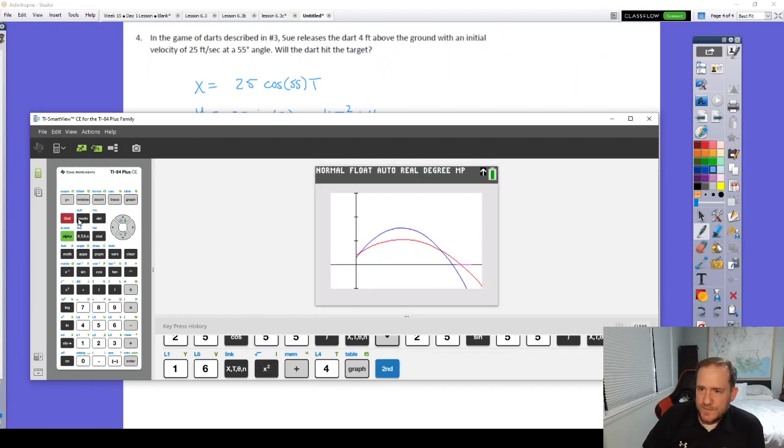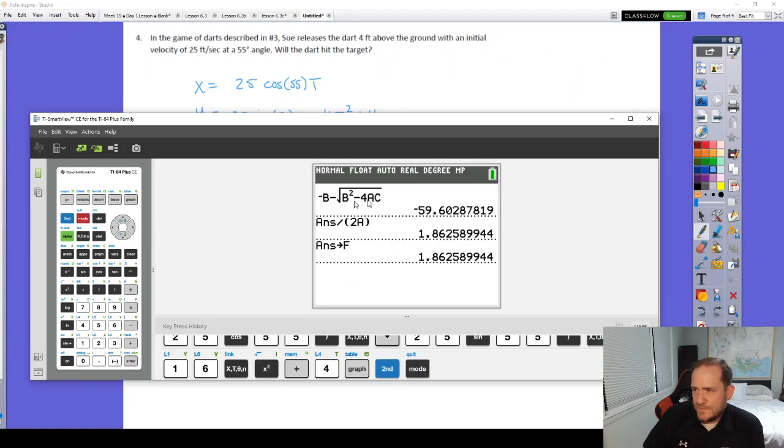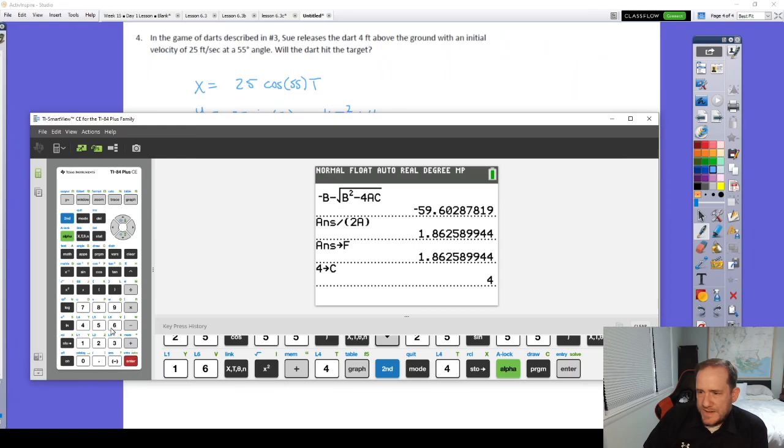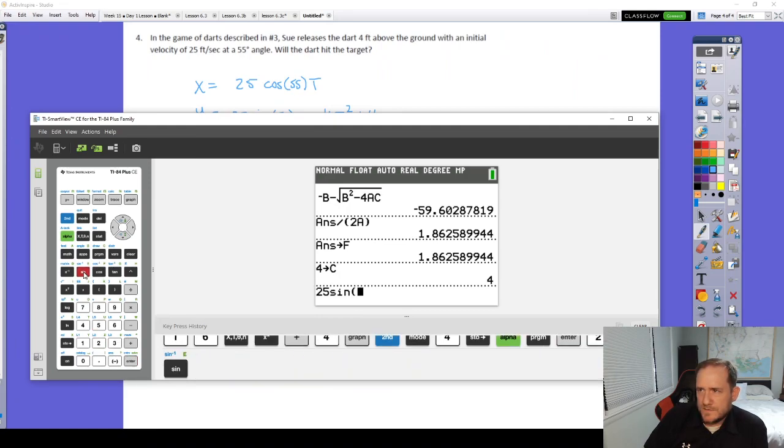Another fine way to do it would be to actually use the quadratic formula to solve for the actual time when it hits the ground. So to do that, I would redefine my variables. The only one that has to change is C has to go up to 4. And B is now 25 sine 55.